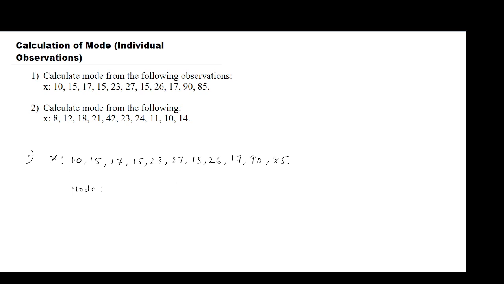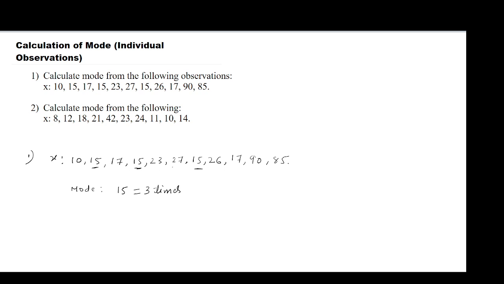Now let us observe. First check the value 10. 10 is not repeated, it is only 1. Now find out the next number 15. 15 is repeated how many times? 1, 2, 3. So 15 is repeated 3 times.